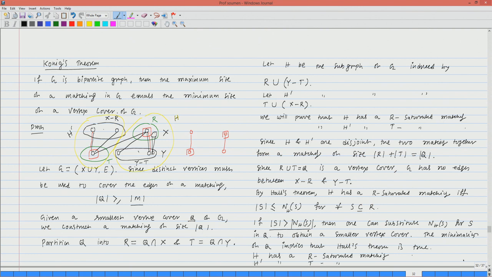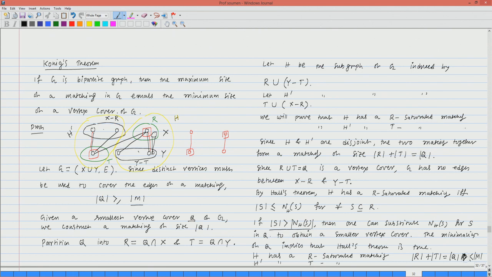So, you get a matching finally of size R plus T, which is equal to the cardinality of Q. So, this is by this construction, but the maximum matching could be bigger than this one, right.